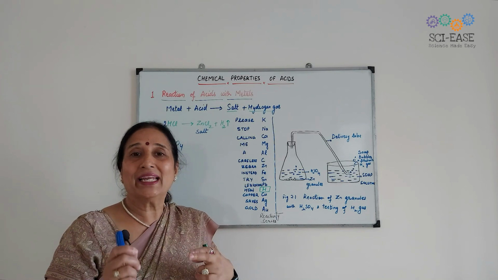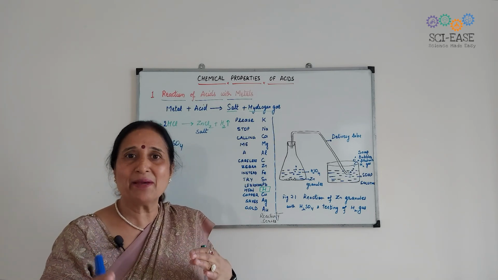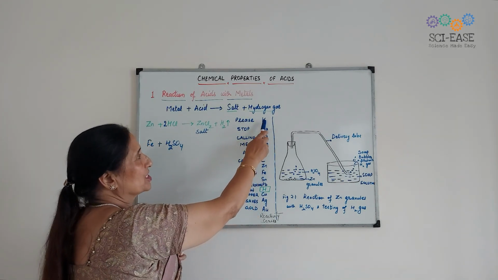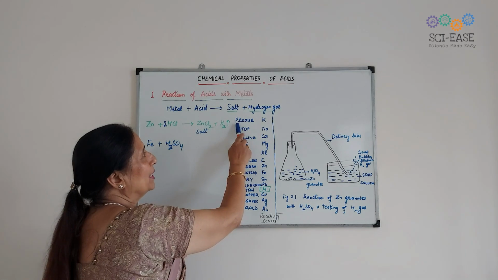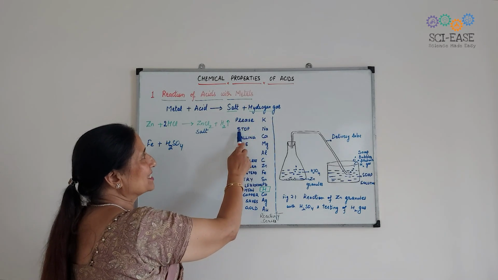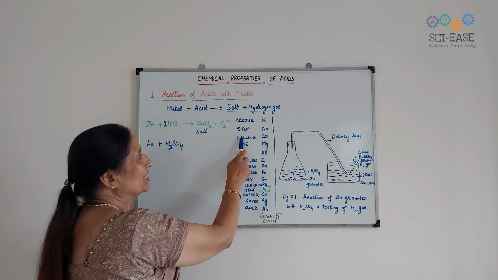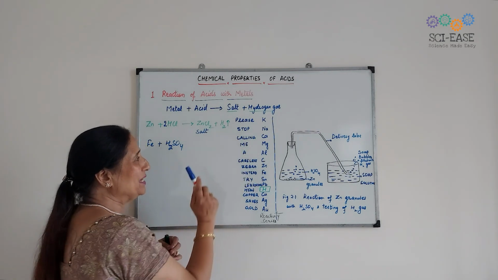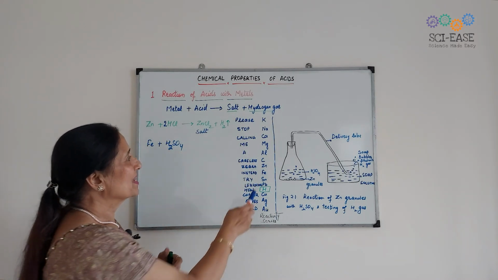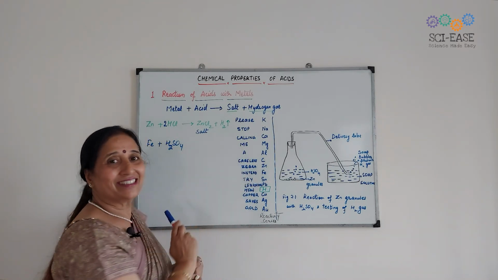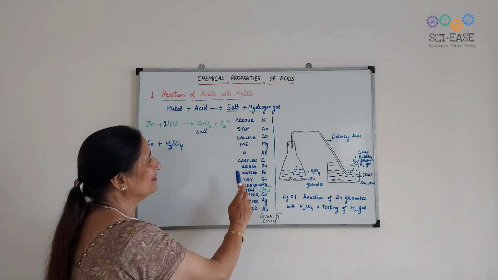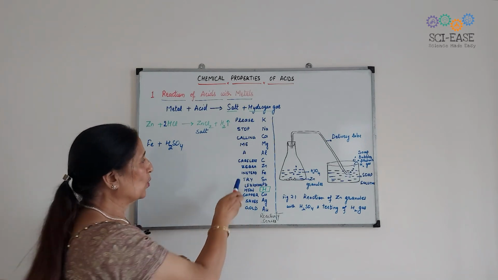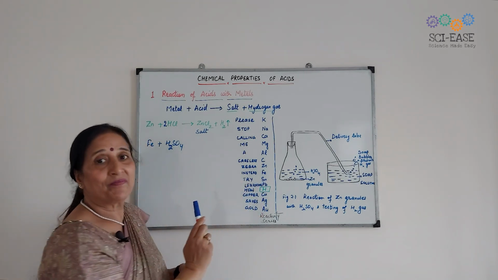I will tell you a very important and very easy method to remember this. Potassium starts with P: please. Sodium, S: stop. Calcium, C, A: calling. Magnesium, M: me. Aluminium, then carbon: a careless. Zinc: zebra. Iron, it starts with I: instead.